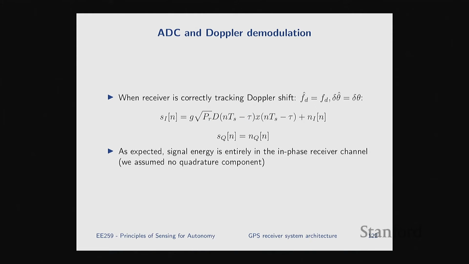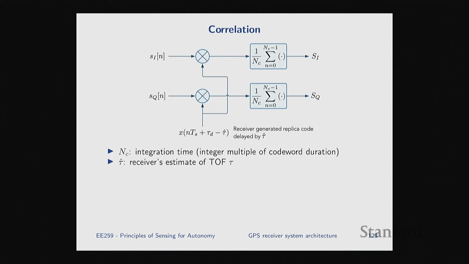On the time scales that you care for correlation, like milliseconds, you can assume D is just either a +1 or a -1, which is related to the question raised earlier, why do we take the absolute value out of the correlator. This is another case where there could be a sign shift. If our D is equal to a -1 versus a +1, that could make a sign shift at the output of the correlator. But we take the absolute value, so that's not important. Okay, so then we are essentially done.